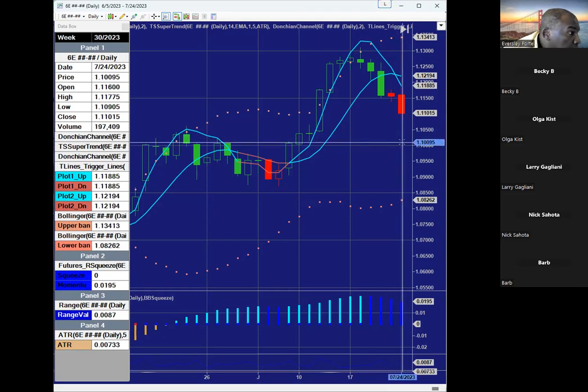All right, so the low is 1.1090. What is 10 ticks below that?